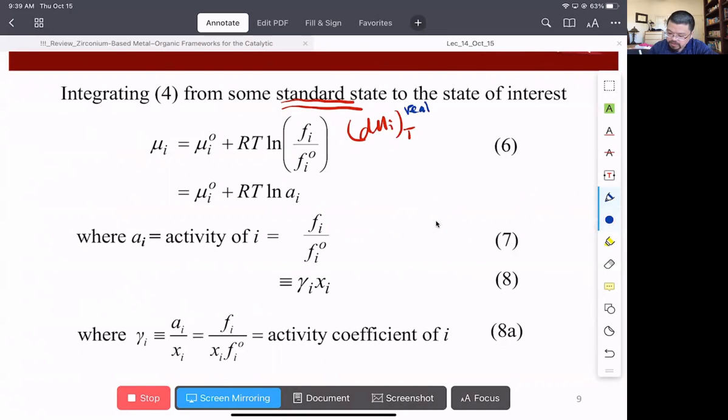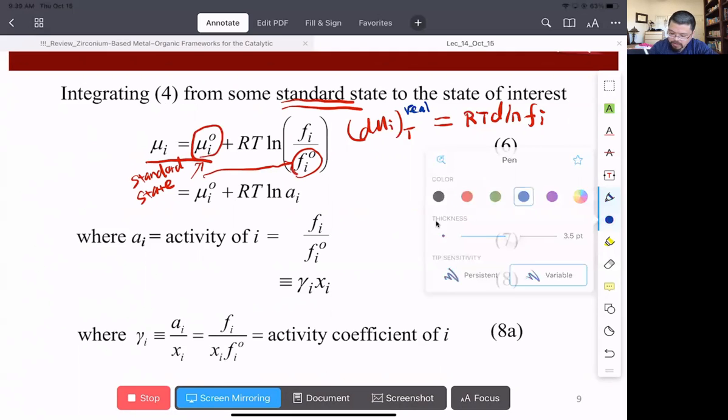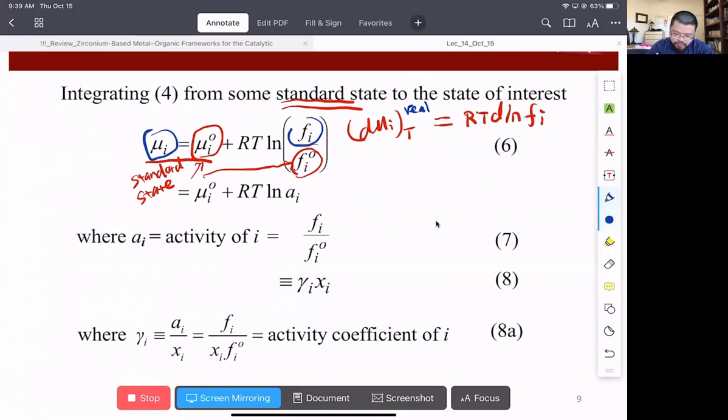Any real substance, liquid, solid, or gas, would be RT d log fi. Then we run the integral from the initial to the final, so we have mu i minus mu i naught, where the naught is the standard state, and this is the corresponding property of interest for the real substance at the temperature of T.